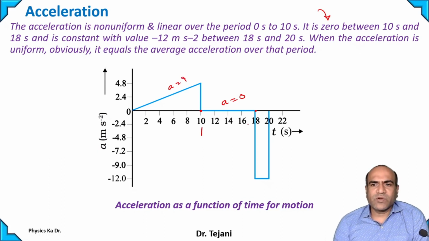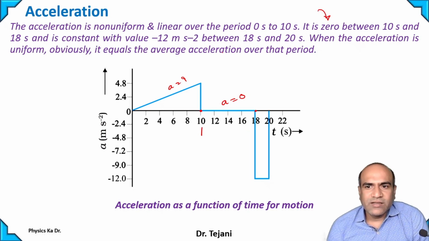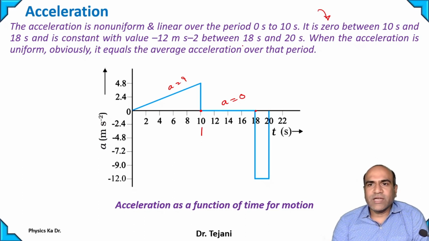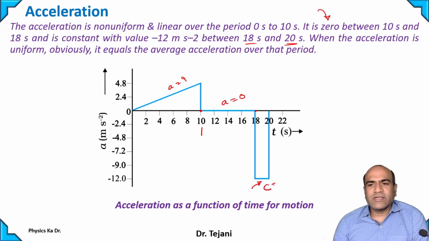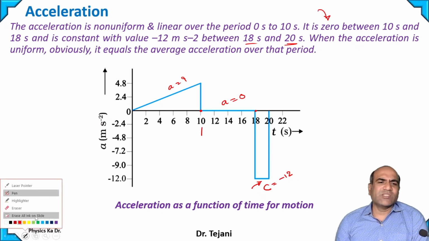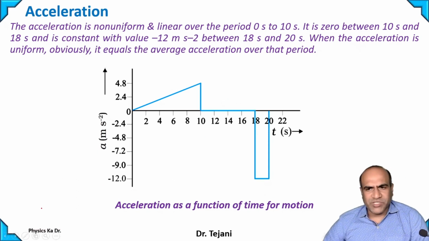Then from 18 seconds to 20 seconds, there is a constant deceleration, or retardation. With a minus sign, it is minus 12, and it is constant. It is a constant retardation from 18 to 20. In this case we can plot the acceleration versus time graph like that.